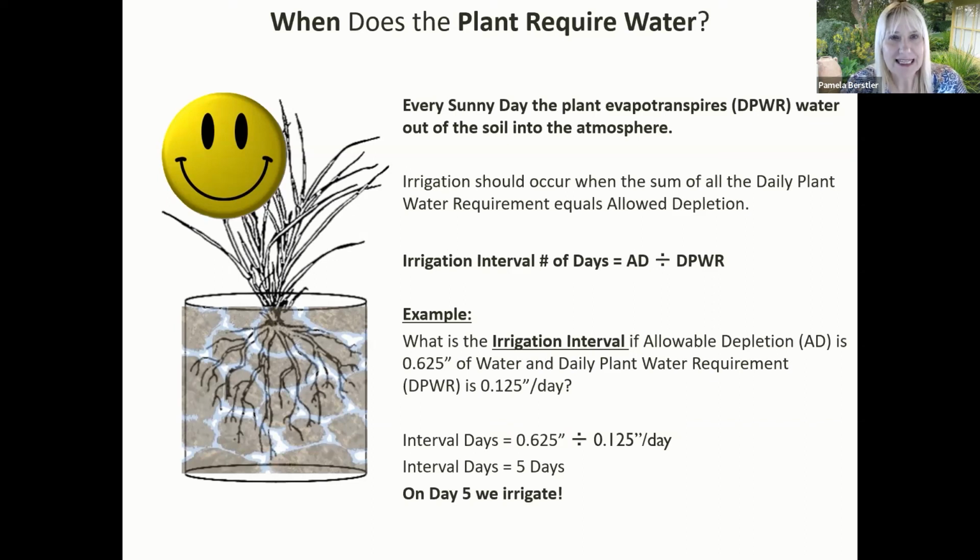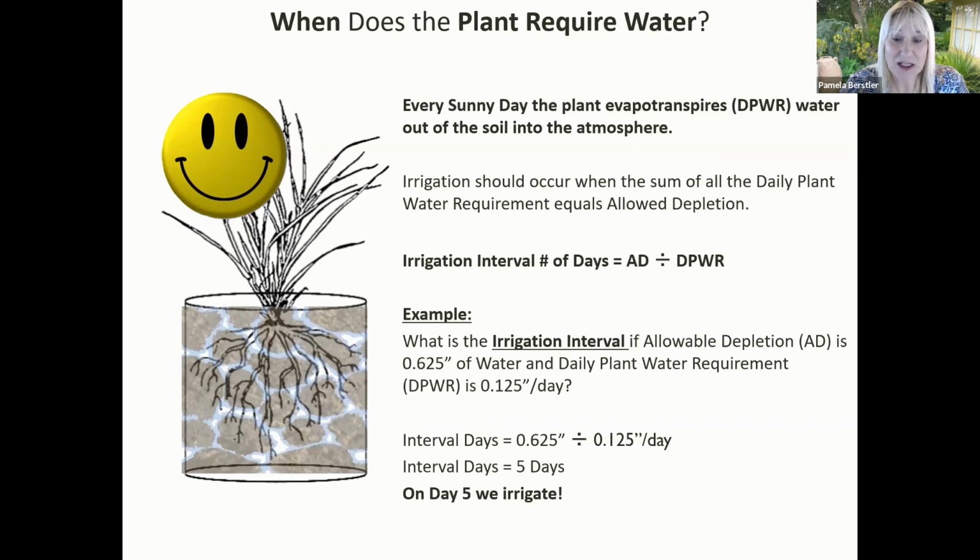But the answer in irrigation is you always round up. It's the only time I'm ever going to recommend that to you. Round up. You round up with your irrigation interval days. So no matter what it is, if it's some amount other than a whole number in your calculation, and it almost always is, you round up to the next day.